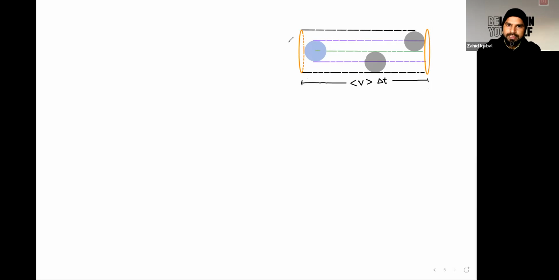I'm assuming the diameter of each gaseous particle is d. So the distance of this point to this will also be d. So it will act as the radius of this cylindrical column.